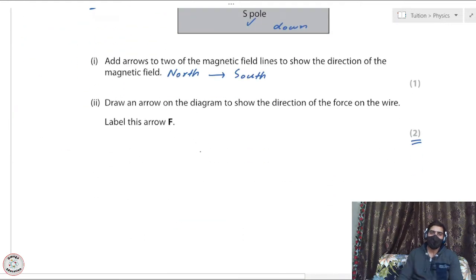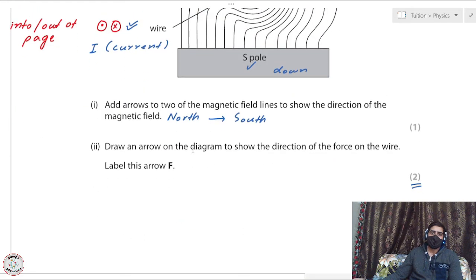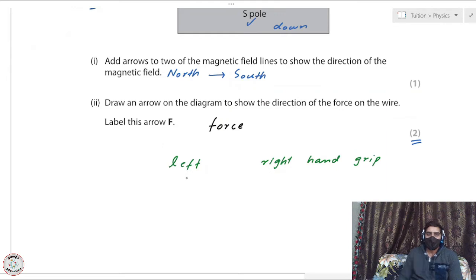And one more thing, quite often students get confused about which rule they should be using to find the direction of force. Should they be using Fleming's left hand rule or right hand grip rule? I just tell them to keep in mind that in left you get the F, which stands for force.